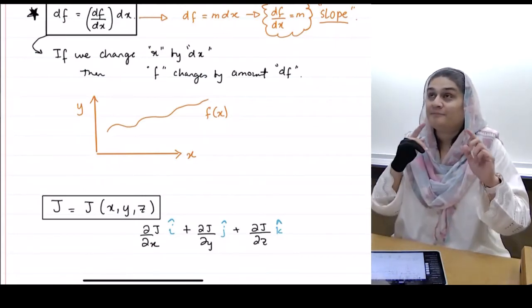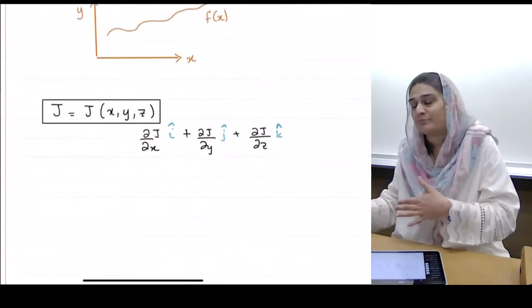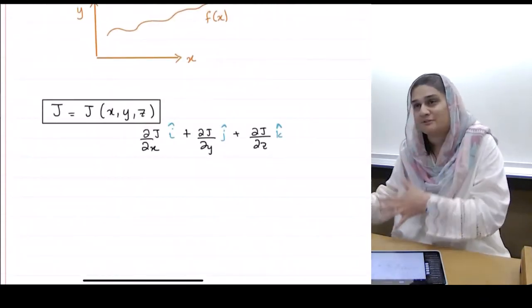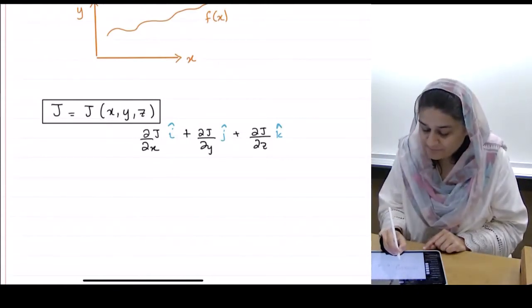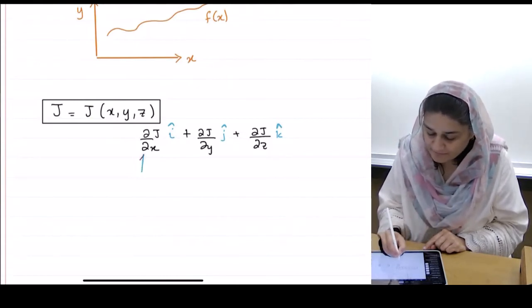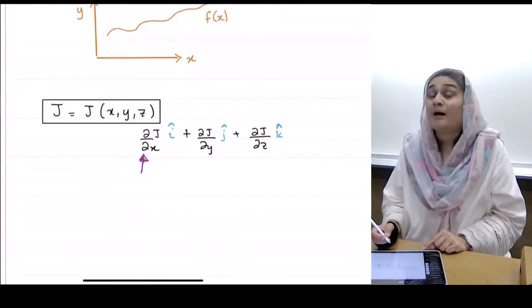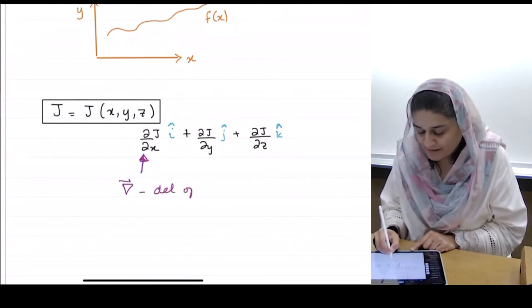And it's really hard to write partial over partial x, partial over partial y, and so on. So we have summarized it in an operator that we call the del operator.